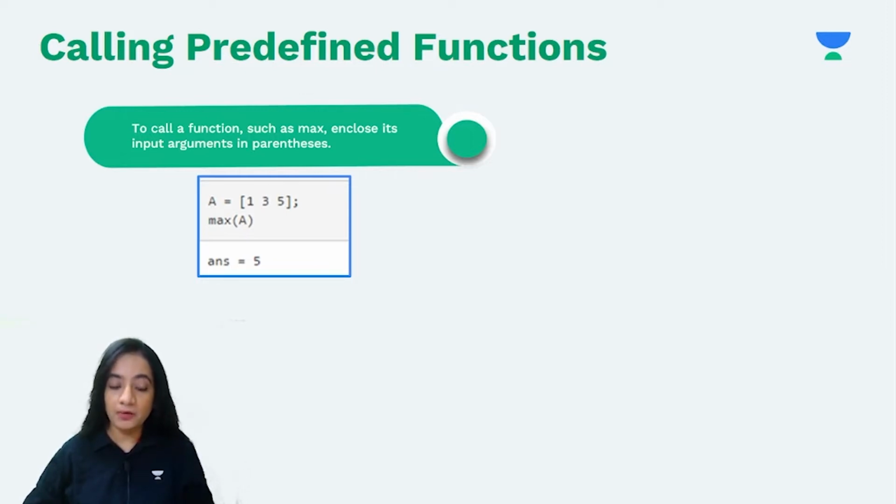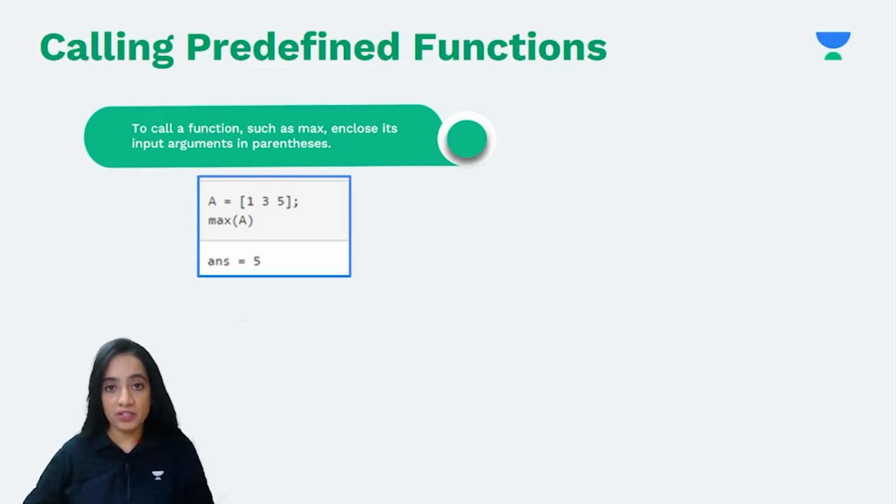So this is how you get the maximum element from the row vector, and the length doesn't matter, however long your row vector is. Max will find the maximum element from the row vector given, and it can be used thousands of times in Matlab, since it is predefined.